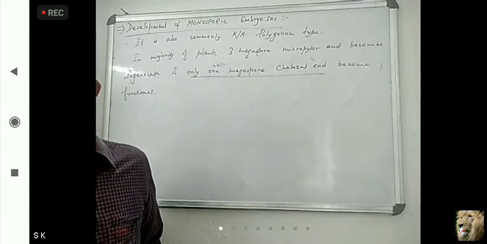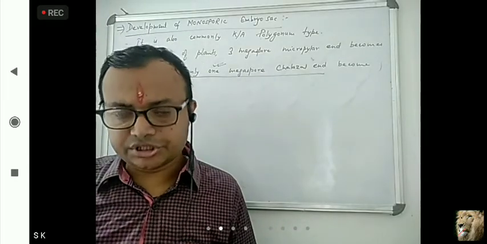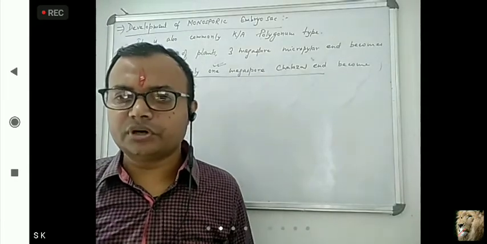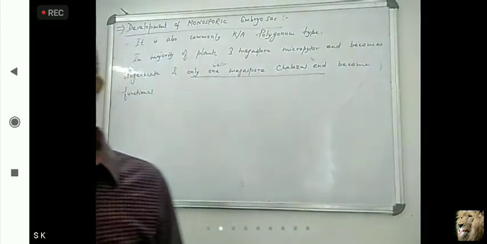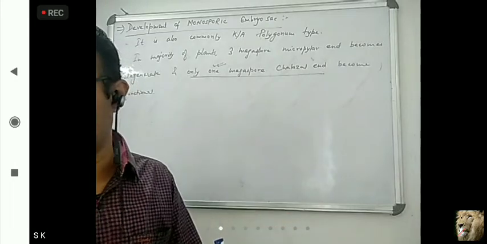Now, this type of embryo sac formation from a single megaspore is known as monosporic development.